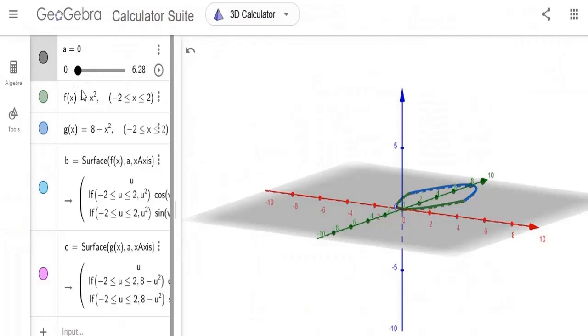The second animation: y equals x squared is the bottom curve, and y equals 8 minus x squared is the top curve, and it is about to rotate around the y-axis. The red is the x-axis, the green is the y-axis, and the blue is the z-axis. And here you go.